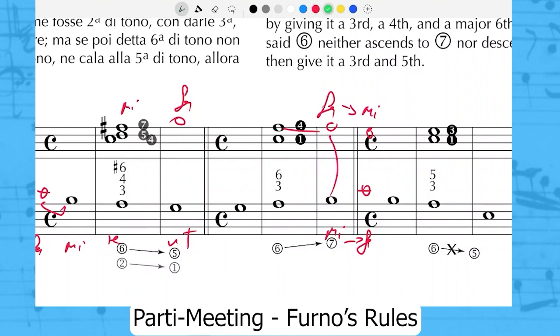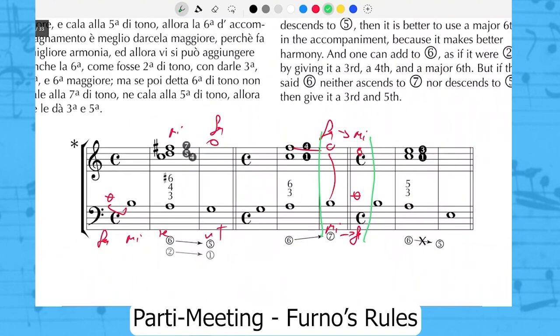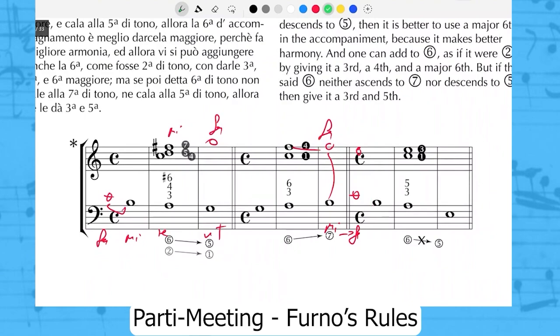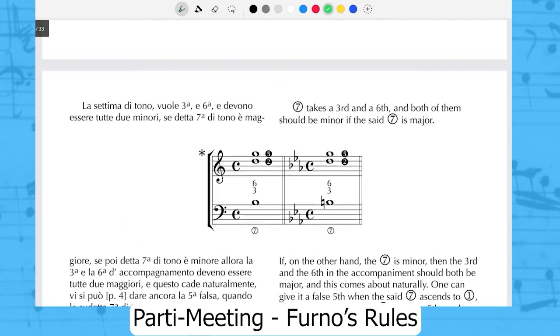So Fa against Mi and Mi against Fa. This is the reason, thinking with the old language. Okay? 7.